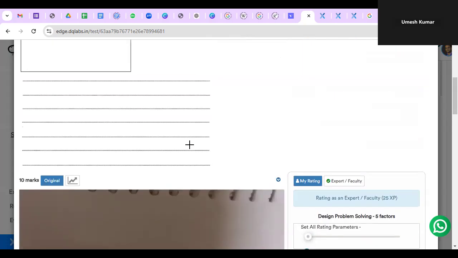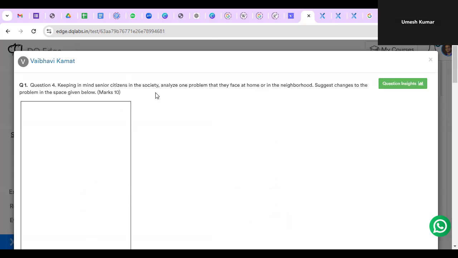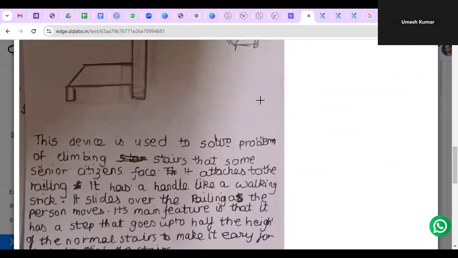Yes, sir. So, see, what they asked is to analyze one problem that they face at home or in the neighborhood. The problem that you are suggesting is solving the climbing of stairs that some senior citizens face. Now, what is the reason for facing this problem? You have not mentioned.